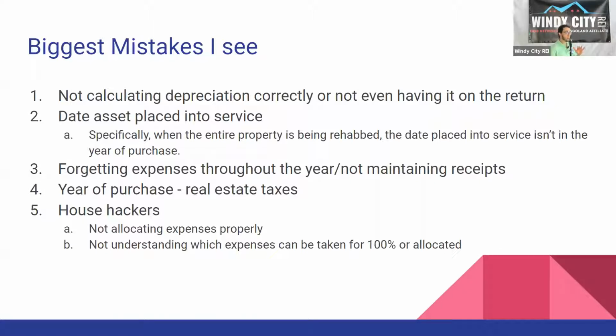Which brings me to the next point. The date the asset's placed into service, some people mistake this a little bit, but let's say you have a rehab and you have to clear out all the units. So it's 0% occupied. You can't place the asset into service because you're not renting it out at the moment. So let's say you buy it May 1st with the intent to rehab and it takes you 5 months to rehab. So now on October 1st, you're renting it out and everything.